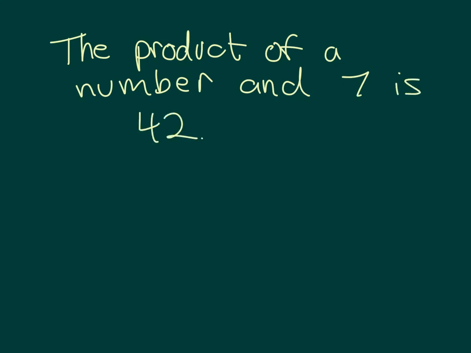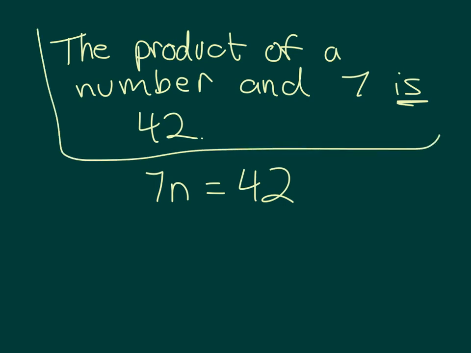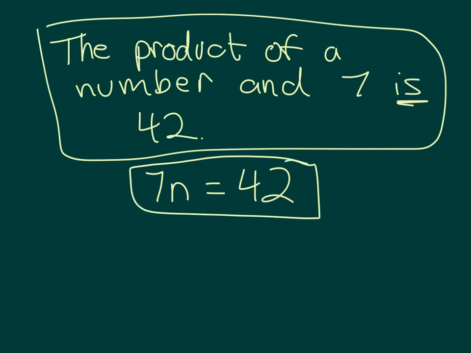Now we're going to take that verbal sentence and change it into an algebraic equation. Product means multiplication. Product is the answer to a multiplication problem. So we're going to take the product of a number and 7, and that would look like 7 times n, or 7n. Is means the equal sign, and then we have 42. So now we just took the words and made an equation out of them.